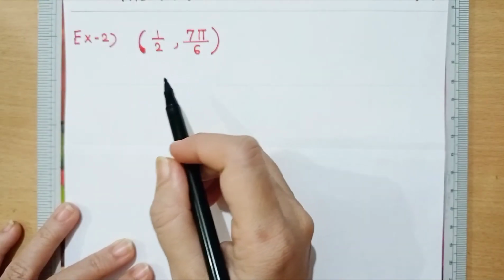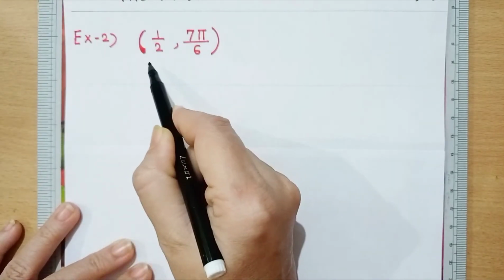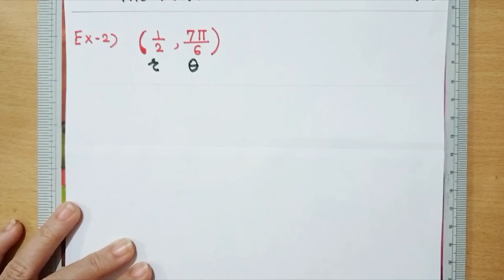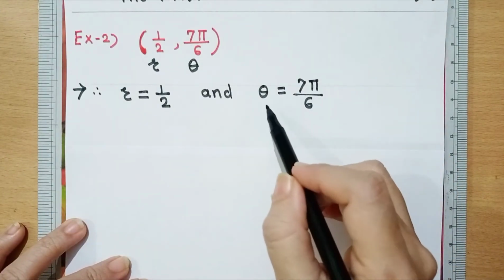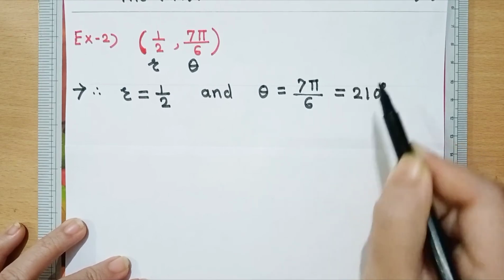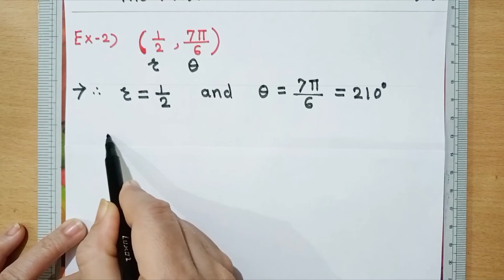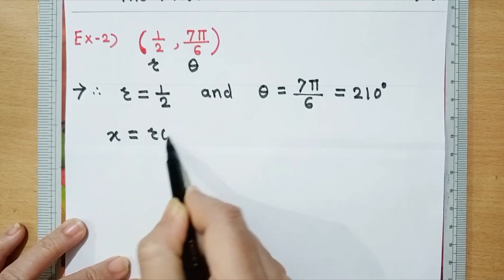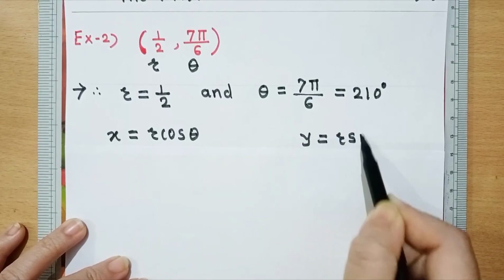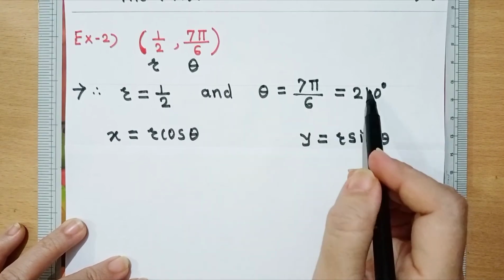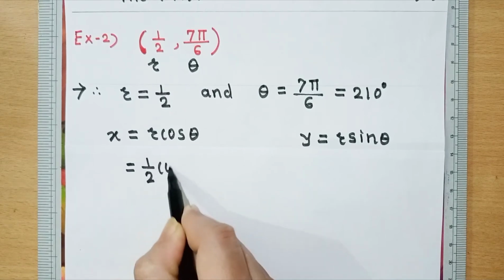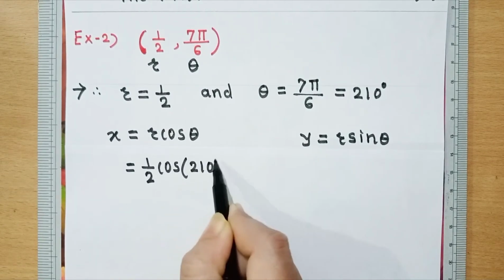This is our second example, and since these are polar coordinates, the first value is r and the second value is theta. So first we will write. Now here angle theta is 7 pi by 6, meaning this is 210 degree. So as usual, our first formula is x is equal to r cos theta and y is equal to r sin theta, and just substitute these two values here, and so 1 upon 2 cos of 210.